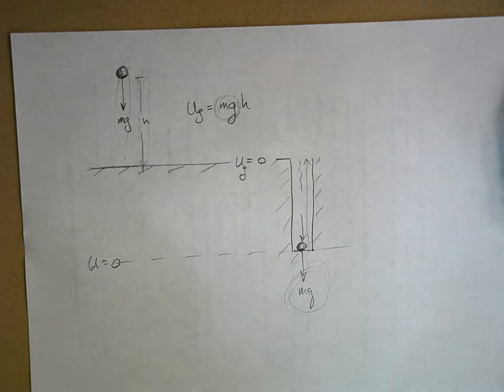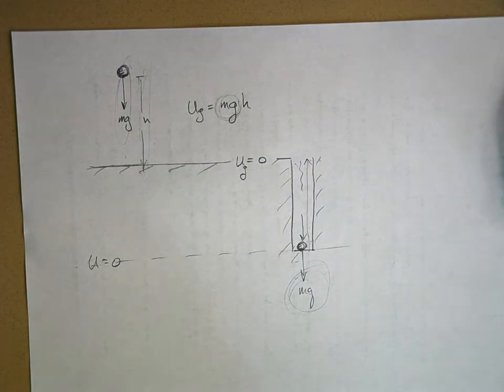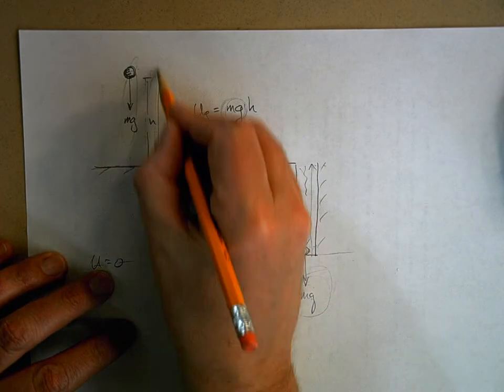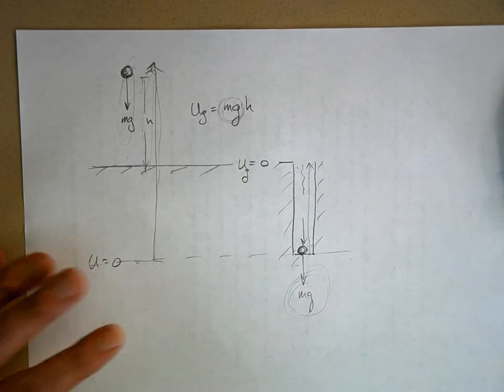In the middle of a problem, if you change where you measure gravitational potential energy from, well, you're magically creating energy or magically making energy disappear, which will magically make points disappear from your test. Okay? So once you pick a reference, stick with it. Which means that the height of this bowling ball would be this plus this now compared to this reference.